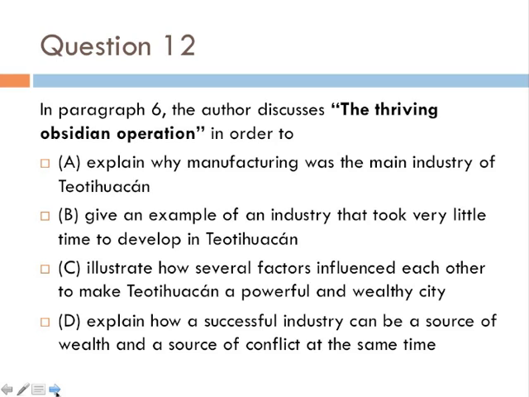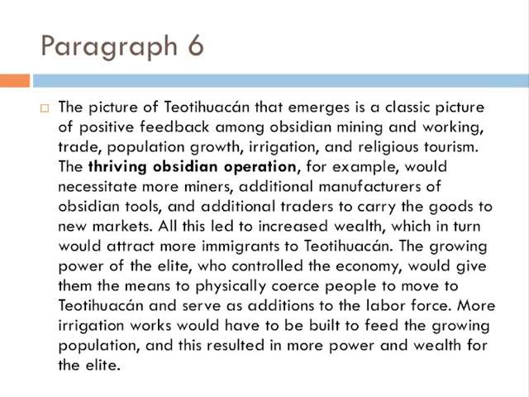So once again, the test is telling us to look specifically at a particular area, paragraph 6. And then the nice thing here too is it's even highlighted the thriving obsidian operation to tell us where exactly to begin looking. So as we scan through the text, we can see that it's highlighted here.